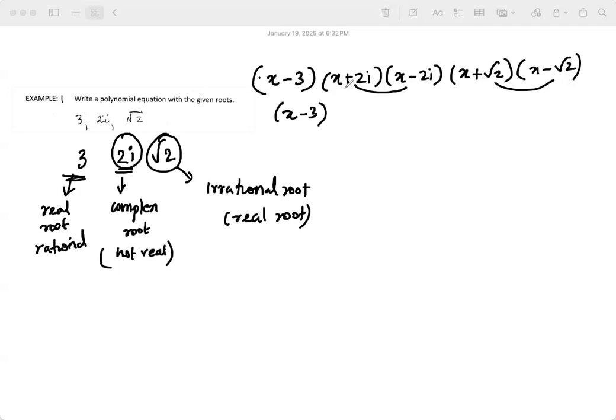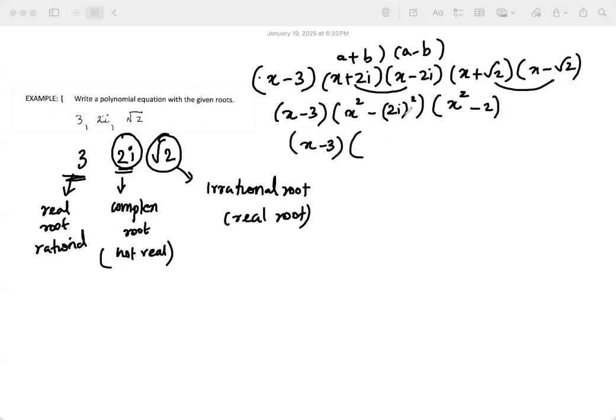x minus 3. This is the a plus b, a minus b formula. Do you remember? So this is a square minus b square. A square minus b square is what? 2i the whole square, right? This one is a plus b, a minus b again. A square minus b square. B square is root 2 the whole square. That becomes 2. Now, x minus 3.